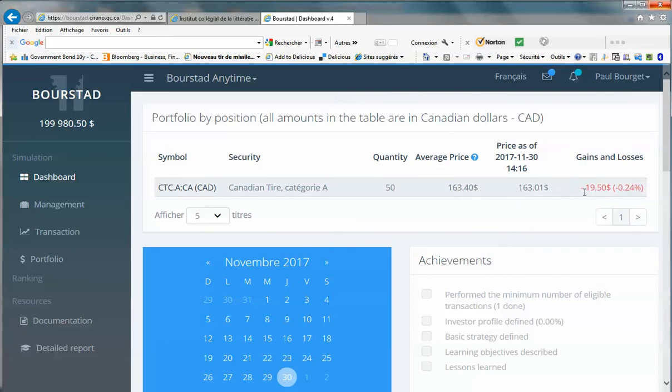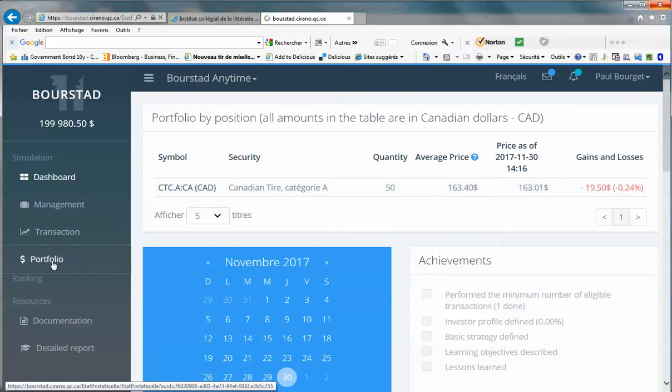We are losing $19.50, but in fact this is exactly the amount of the brokerage fees, which are $20, more or less the brokerage fees. So the stock now has a greater value than what we paid, and in fact we're more or less maintaining our position as of now.